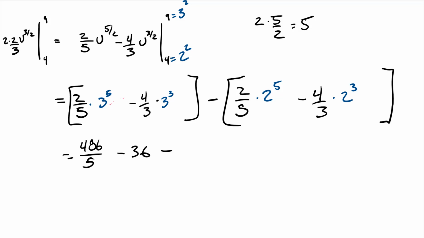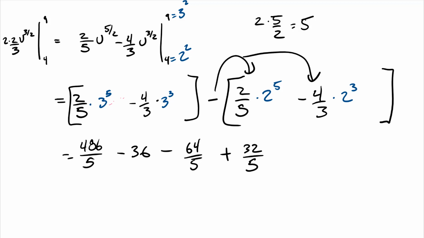Keep going here. You got 2 to the 5th, that's 32. 32 times 2 is 64. Did you see how I dealt with the negatives? They got to come in and distribute to both. 2 cubed is equal to 8. 8 times 4 is equal to 32. So we end up with 32 over 3.